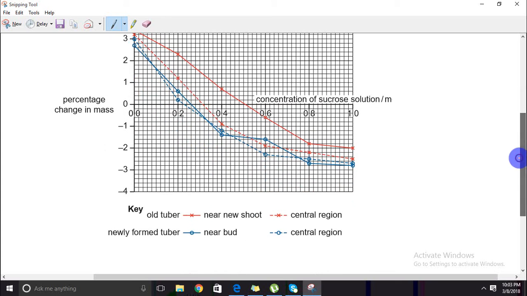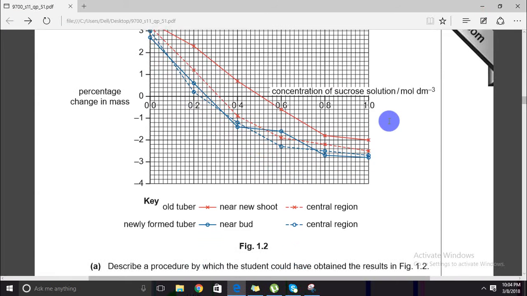So this is the old tuber, and the complete one is for near the shoot, and the incomplete one is for the central region, and the blue is for the newly formed tuber, and the complete one is for near the bud, and the incomplete one is for the central region.